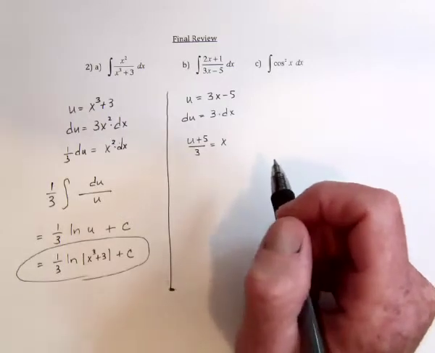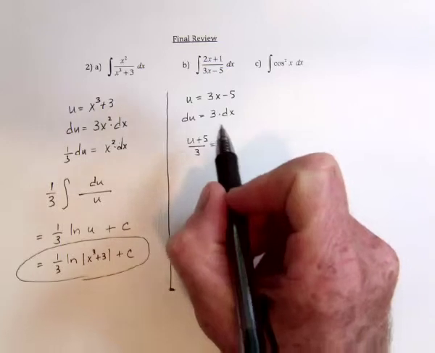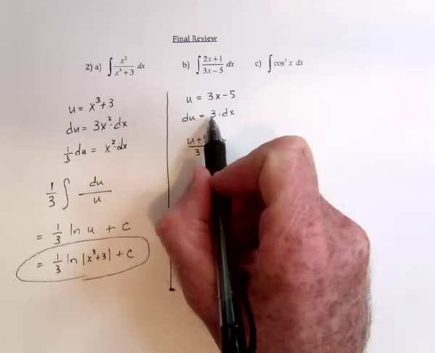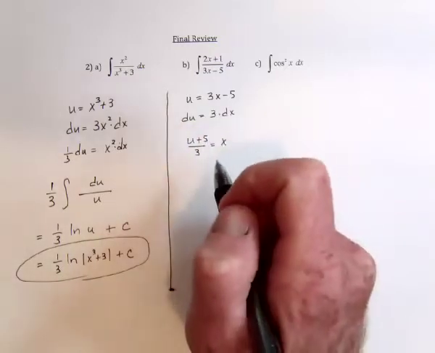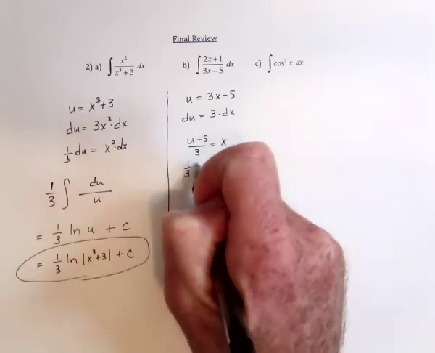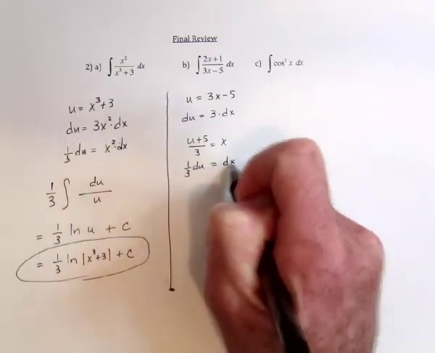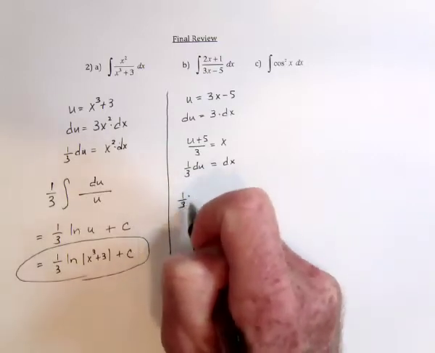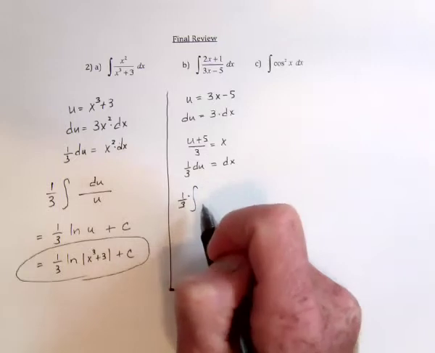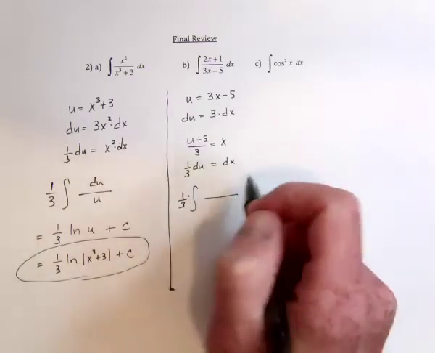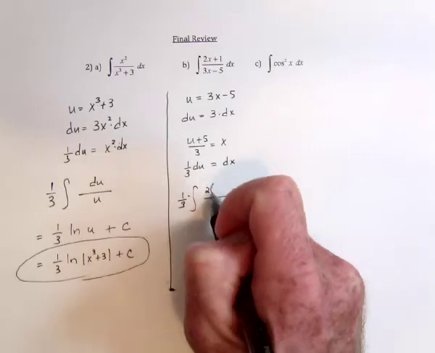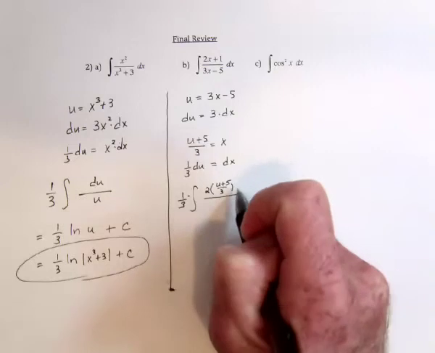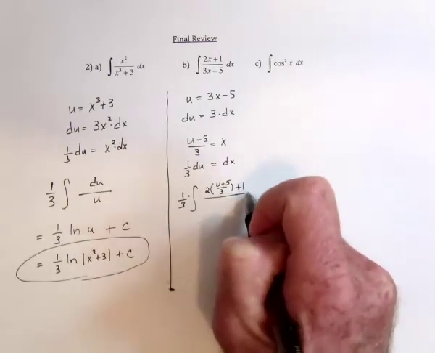And then substitute that in. And this one doesn't have a 3 dx, so we're going to have to multiply by 1/3 on both sides and have 1/3 du equal to the dx. And now I think we're ready. So the 1/3 can be factored out, and then in the numerator we have 2 times what x is equal to, and then there's a plus 1.